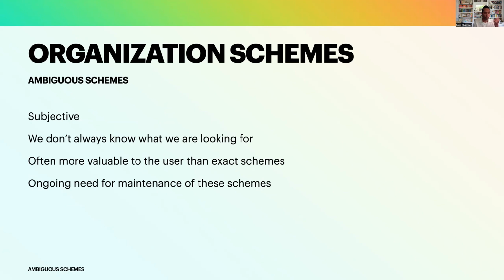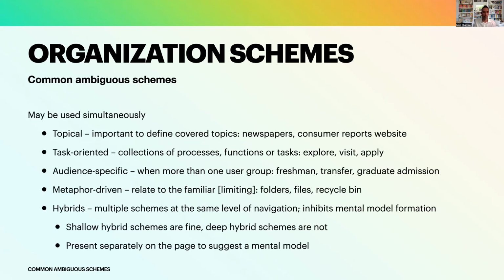They apply when we don't always know what we are looking for, and typically they're more valuable. However, they have an ongoing need for maintenance. What are some examples and types of ambiguous schemes? One is topical, where information is organized by topics, such as newspapers or consumer reports websites.